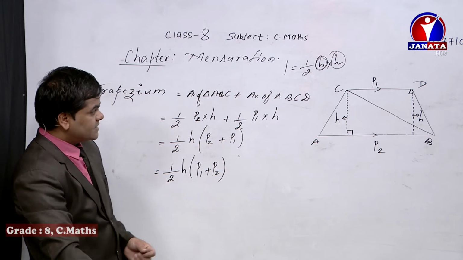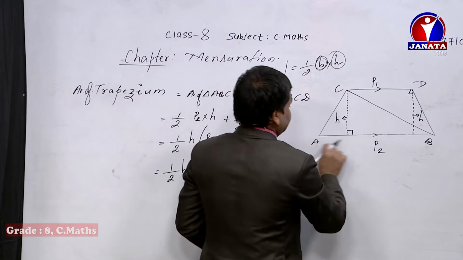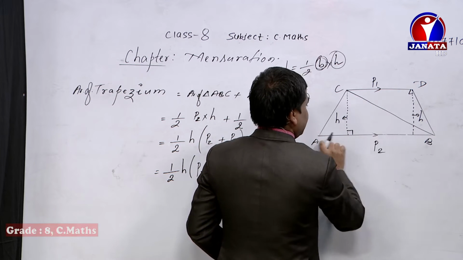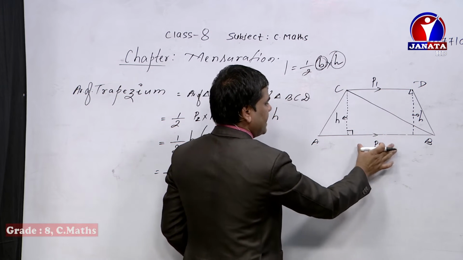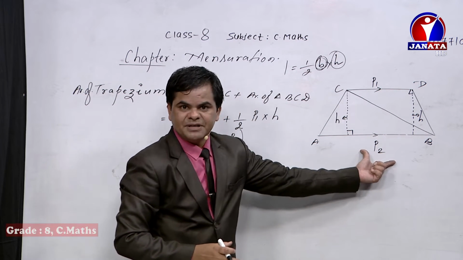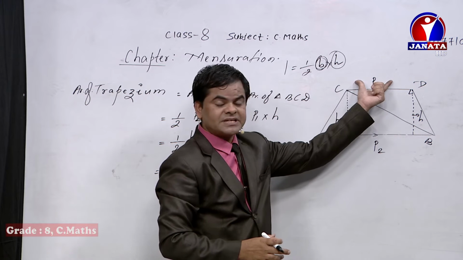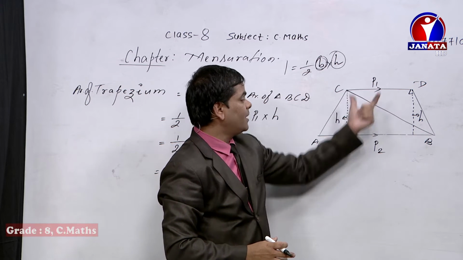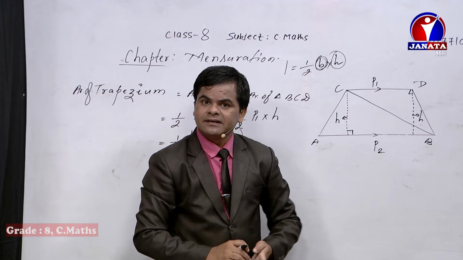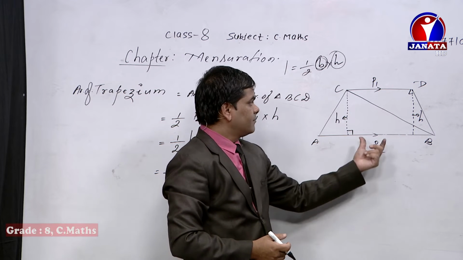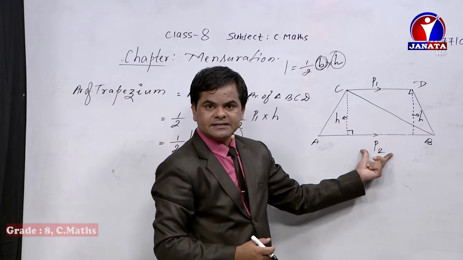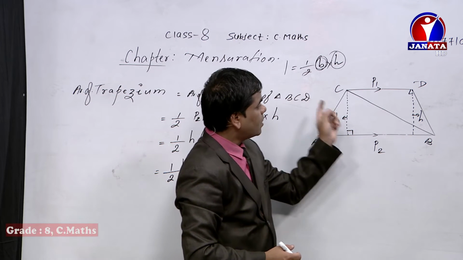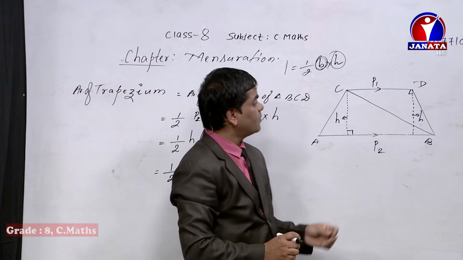So, once again, the whole trapezium, the name of the trapezium is given as ABDC, where AB and CD are parallel to each other. AB I suppose as P2, and CD I suppose as P1. Why P1, P2? Because they are parallel lines. Parallel first, it means parallel first, and this means parallel second. And I have drawn a diagonal of the trapezium.